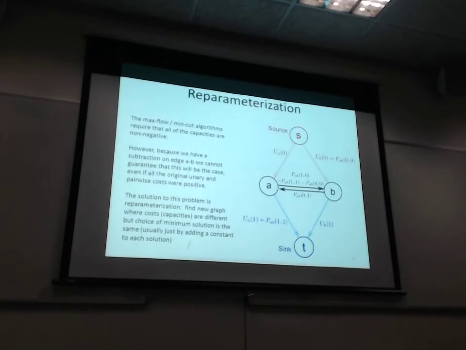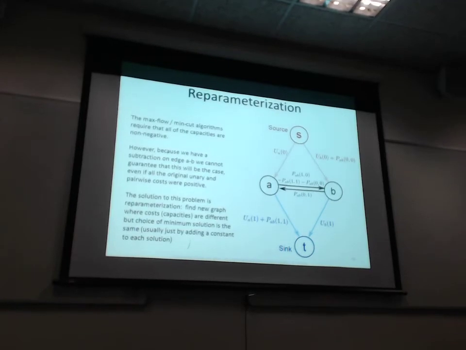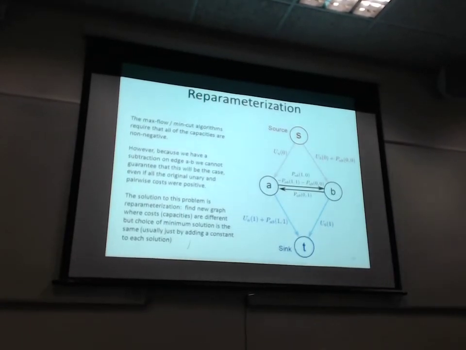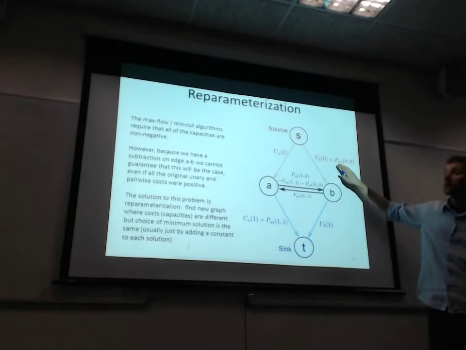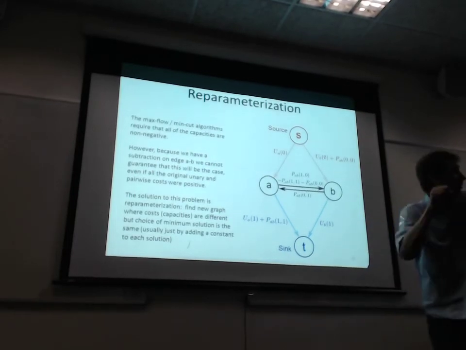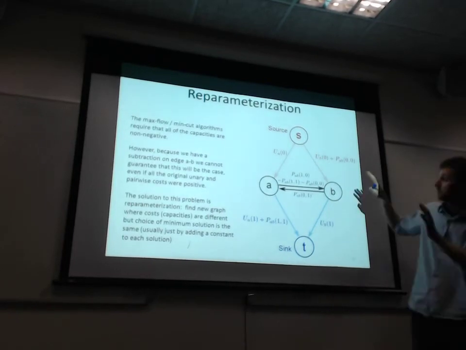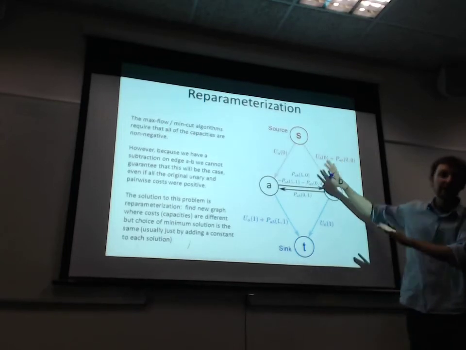So we can reparameterize in a few different ways, but we're going to do this by adding, for example, a constant alpha. So keep in mind that these here are our unary and pairwise costs directly from our probability representation, our graphical model with pairwise and unary costs. We can put them here as is.